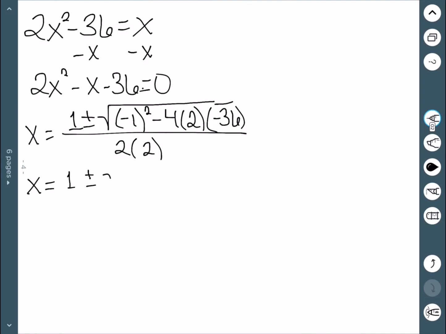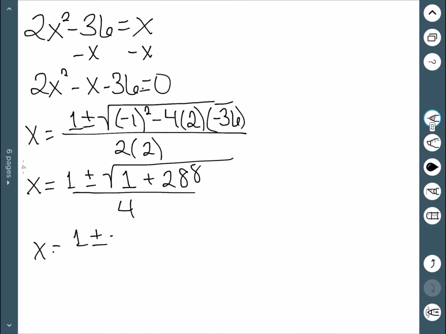I now have 1 plus or minus the square root of 1, and then negative 4 times 2 times negative 36 is positive 288. All over 2 squared is 4. We can continue to simplify. This is now the square root of 289 all over 4.